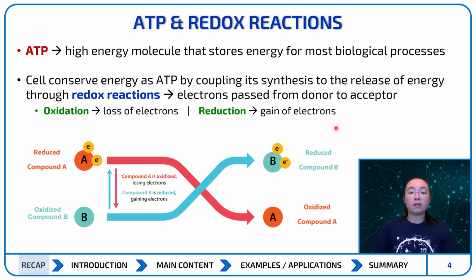A molecule being oxidized acts as the electron donor, while a molecule being reduced is going to act as an electron acceptor. Since the electrons represent energy over here, a substance that has many electrons that can be donated, such as compound A, is thought to be energy rich, which is where ATP comes in.